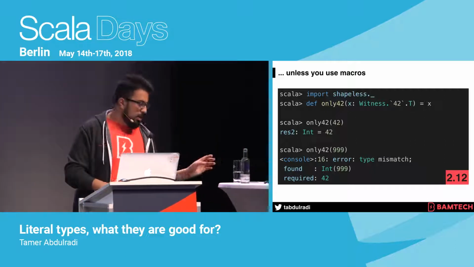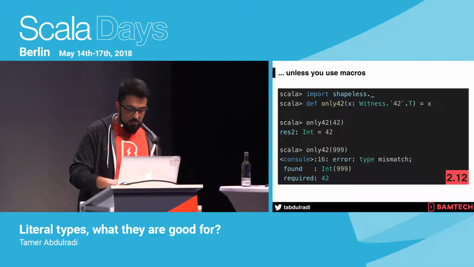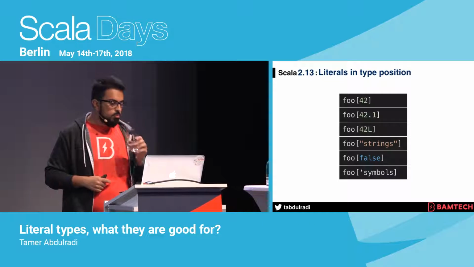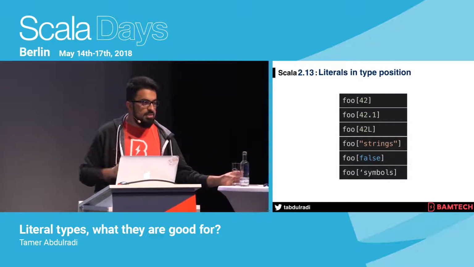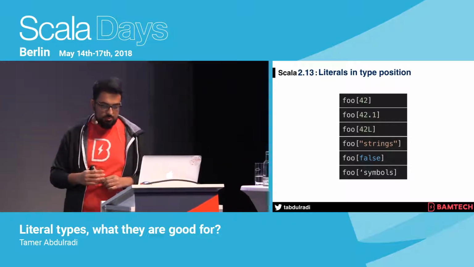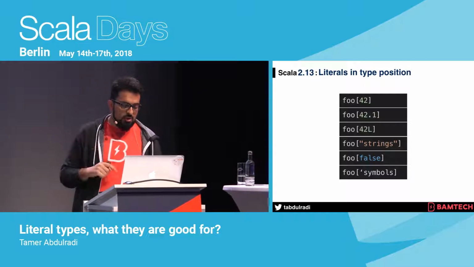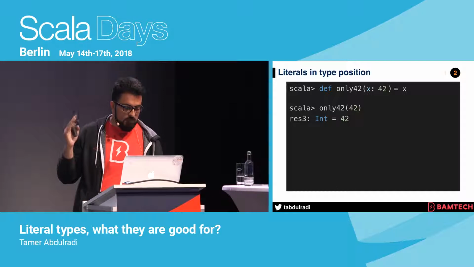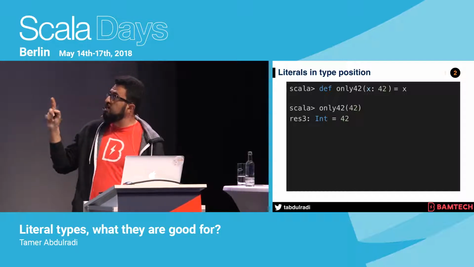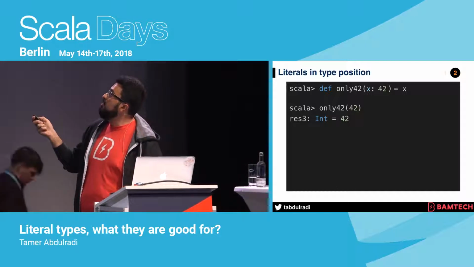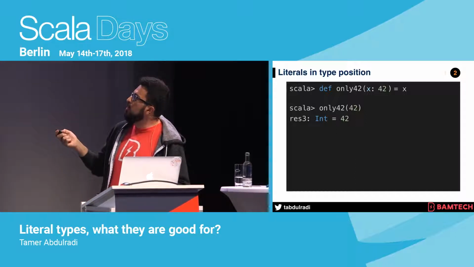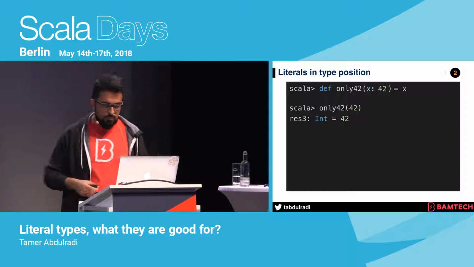The news in 2.13 is now we have better syntax to achieve the same without shapeless. So you can write this now in 2.13. It will be exactly the same. So 42 in the position of type here means the singleton type that has only one value, 42.